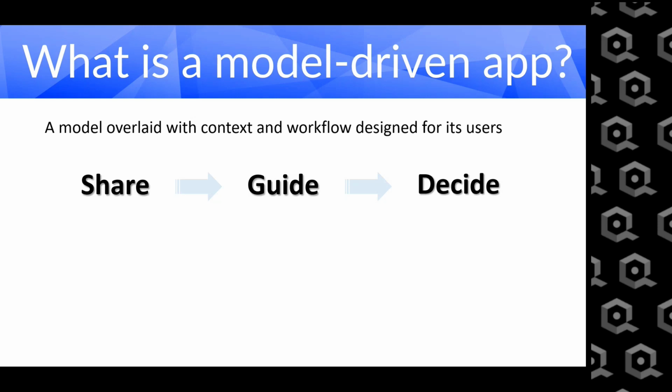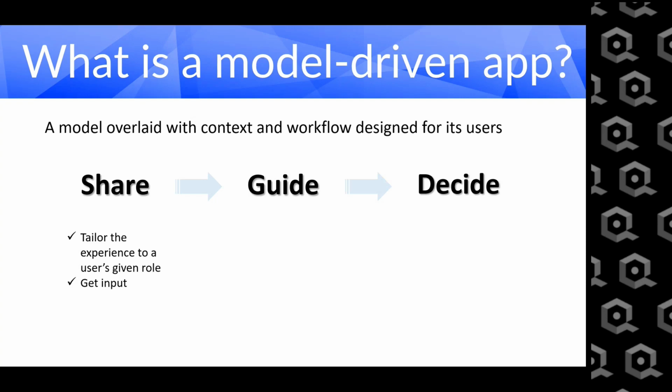So what are the three main activities that model-driven apps can help enable you to do with your models? I've broken these down into three major action verbs: share, guide, and decide. When we talk about sharing, as we've mentioned before, it's really about tailoring the experience of your Quantrix model to a user's given role.